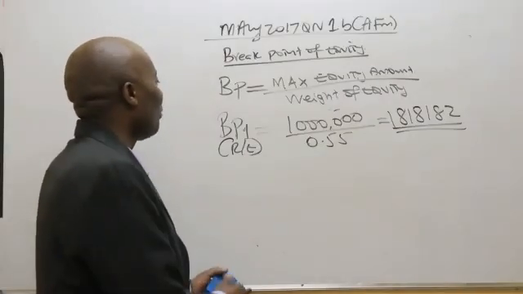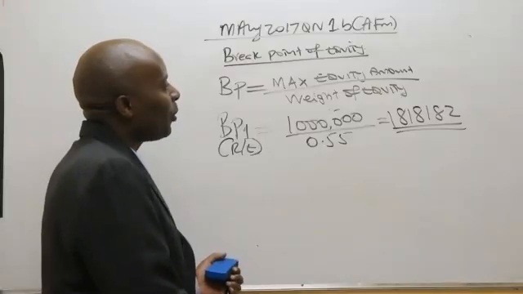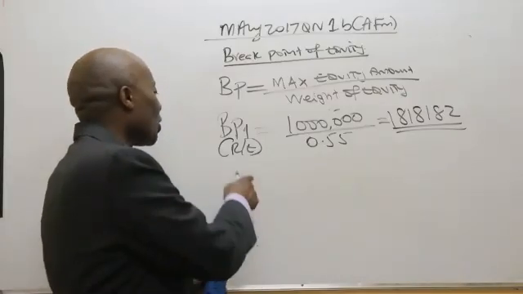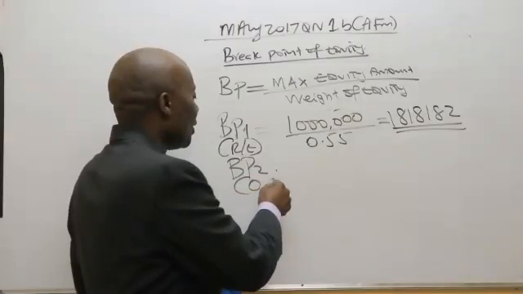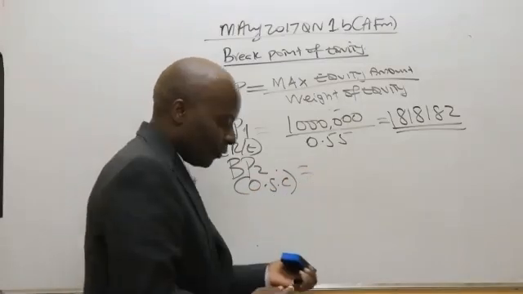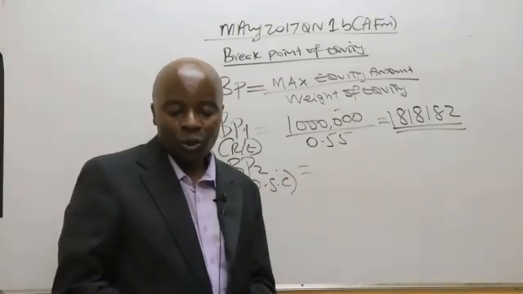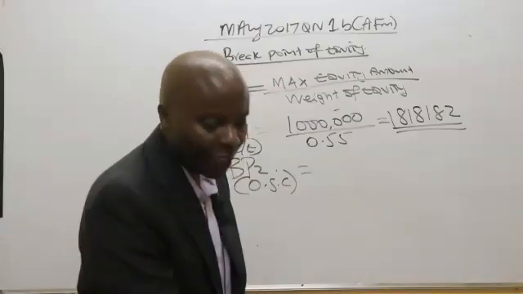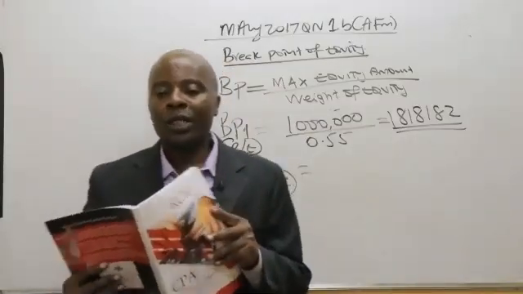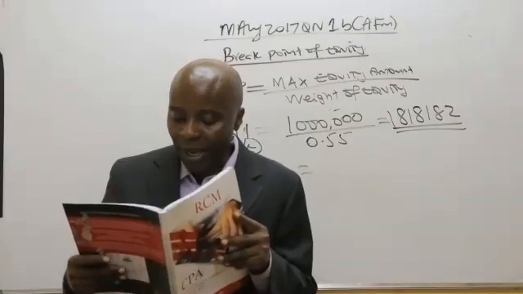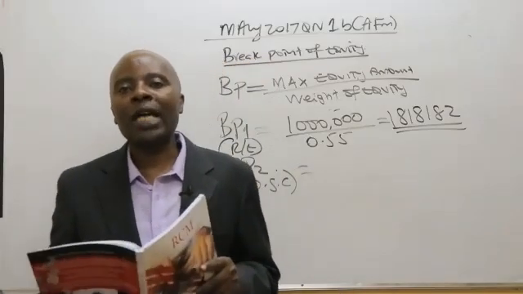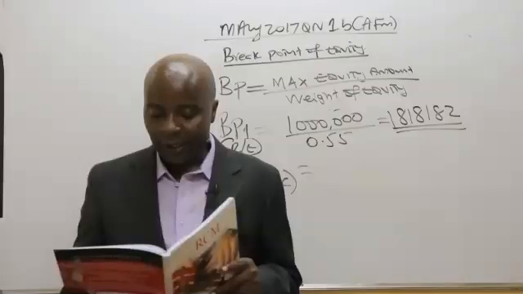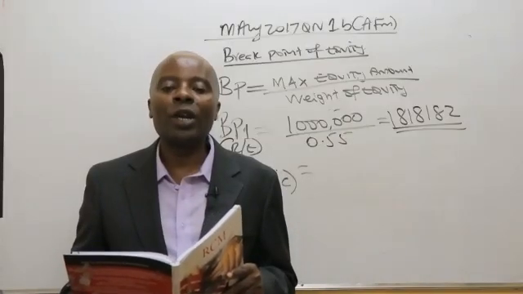From there, ladies and gentlemen, we look for the second break point of equity component known as ordinary shares. So we have here break point 2 for ordinary share capital. For this, you need to look for information talking about ordinary shares, which happens to be the third paragraph after this table of loan amount.